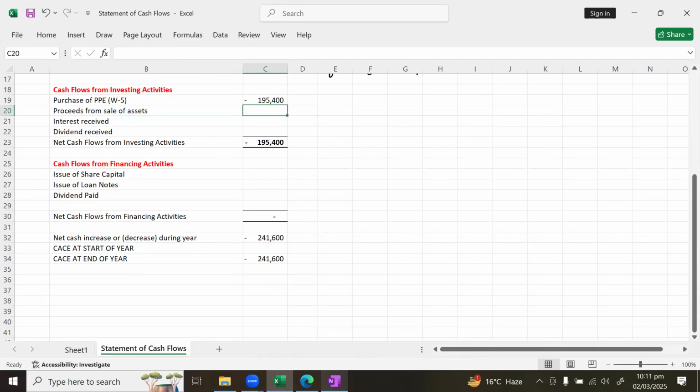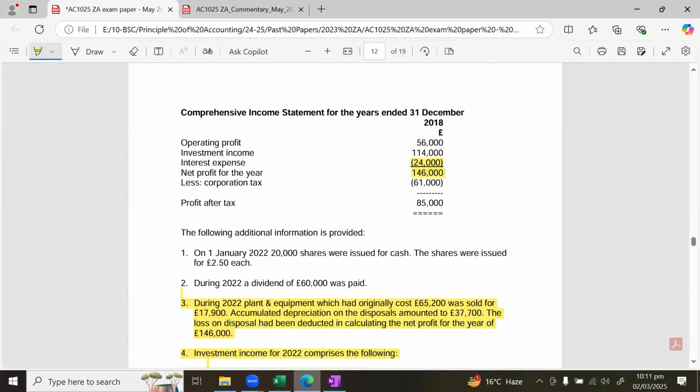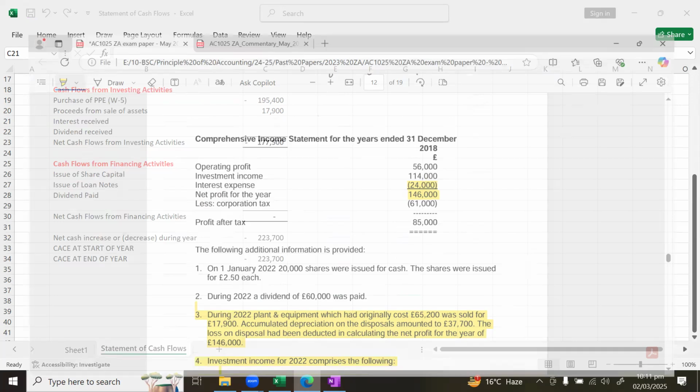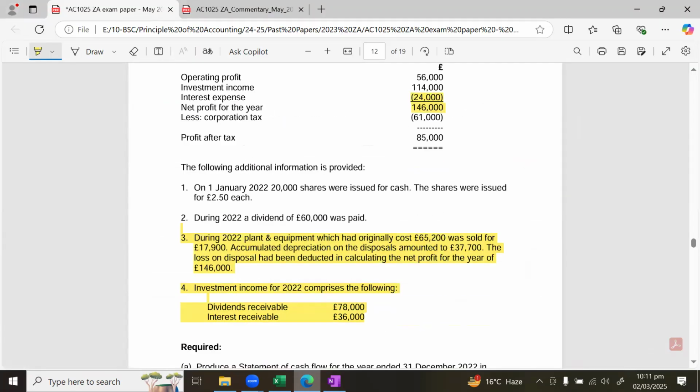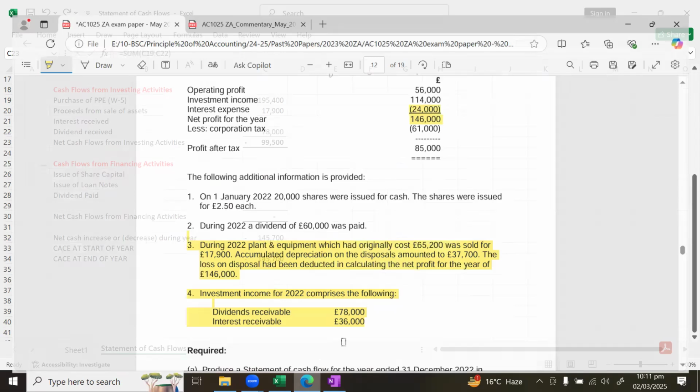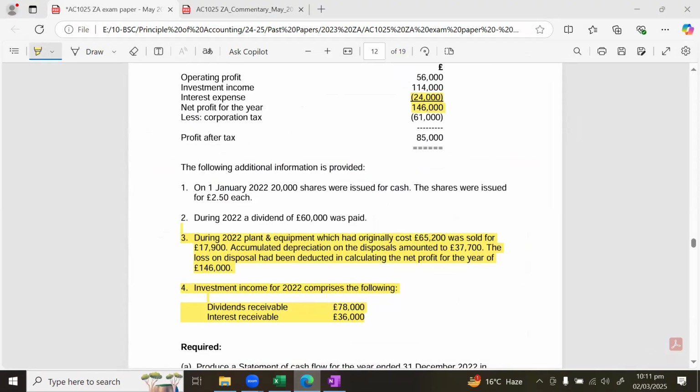This asset was sold for 17,900. So proceeds from sale of assets 17,900, plus we received two incomes. Dividend received is 78,000. And interest received is 36,000.